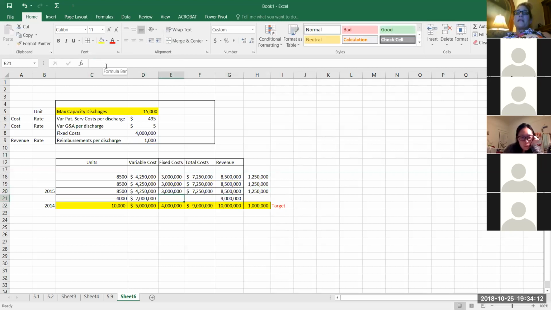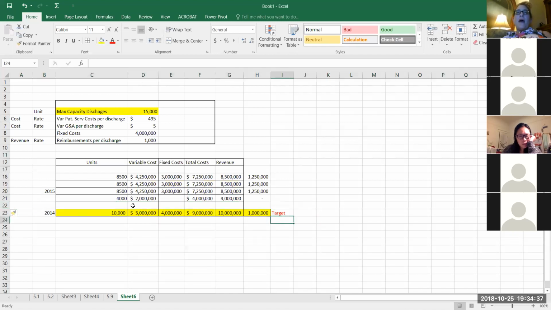And let's assume that our fixed costs are only half, because we know we're halfway through the year, right? Or actually, let me not do that yet. I'm going to wait on that for a second, all right? But I am going to take my total cost formula, and I'm going to do this slightly differently, right?